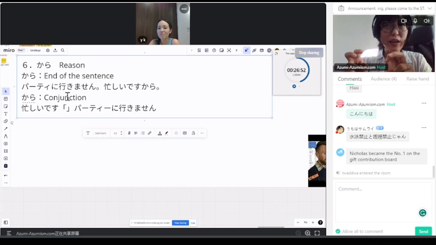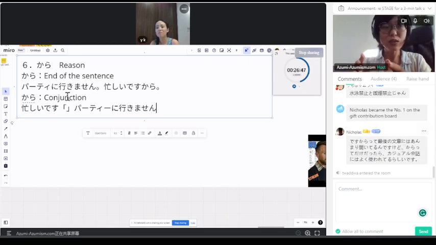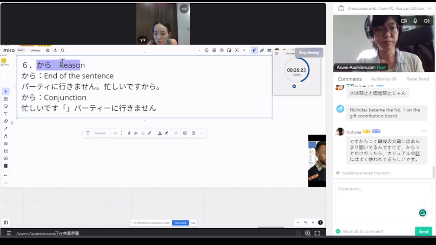But generally speaking, it's not. If you say correct, then it's wrong, right? But I don't think it's correct or wrong. It's just common or not common. Yeah, I think so. Okay, as Nicholas-san mentioned, what do you think of Nicholas-san's idea? 読んで。ですから、OK。ですからって最後の文章にはあんまり聞いてるんですけど、からってだけだったらカジュアル会話にはよく使われてるらしいです。Do you agree?